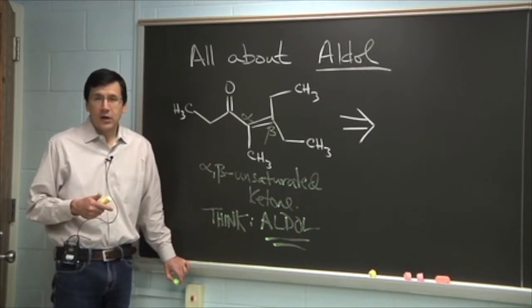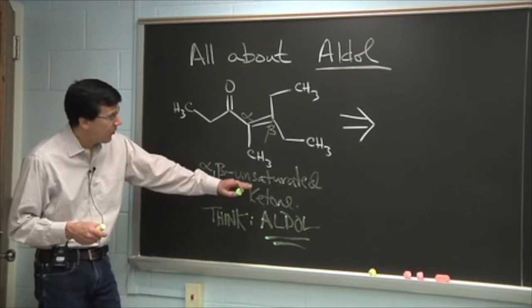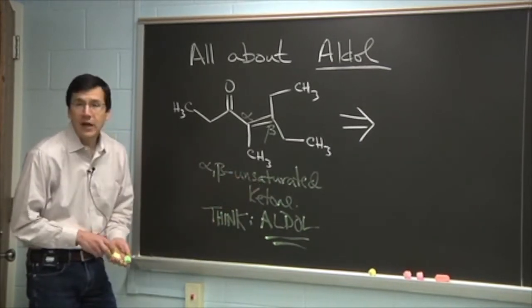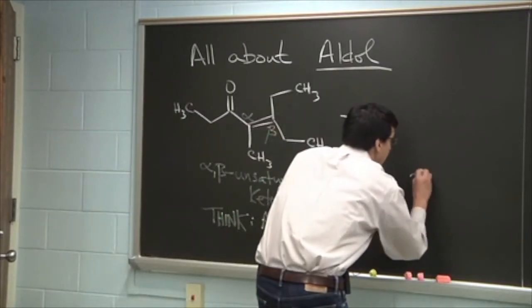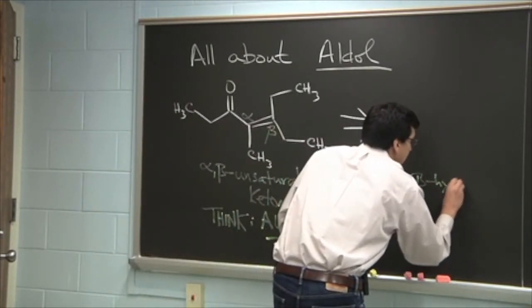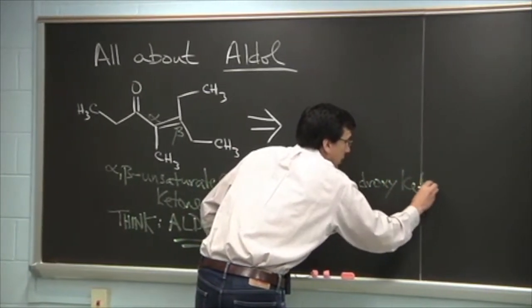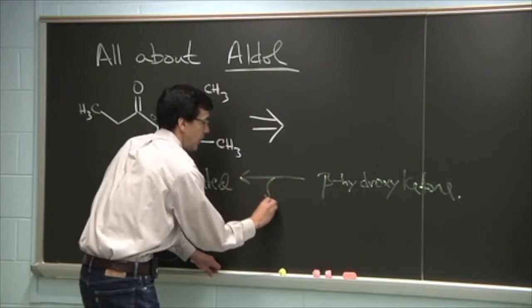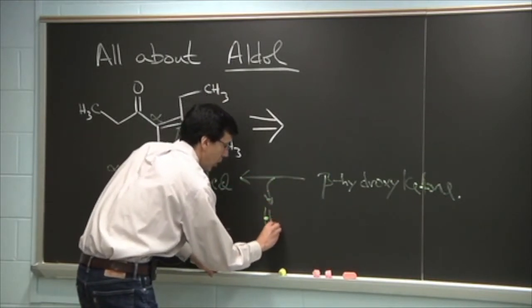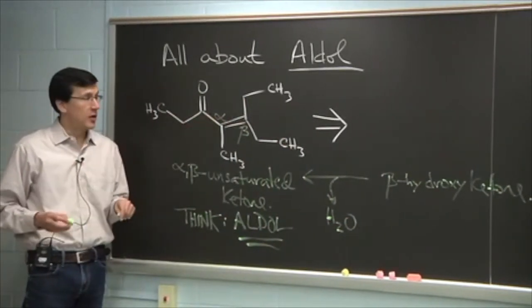Well, if you're kind of stuck, let me give you a hint. The thing that comes right before the final alpha-beta unsaturated carbonyl product will be the beta hydroxy ketone. Remember that the beta hydroxy ketone will undergo loss of water to give the final alpha-beta unsaturated product.